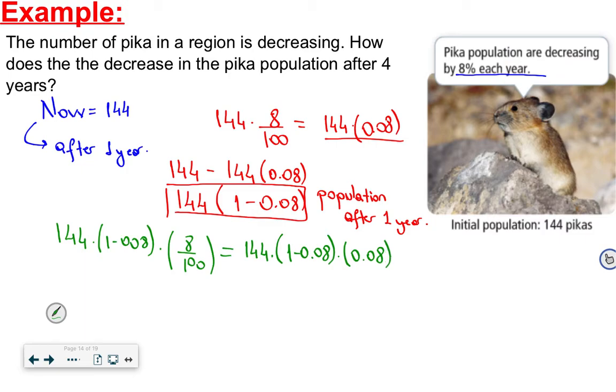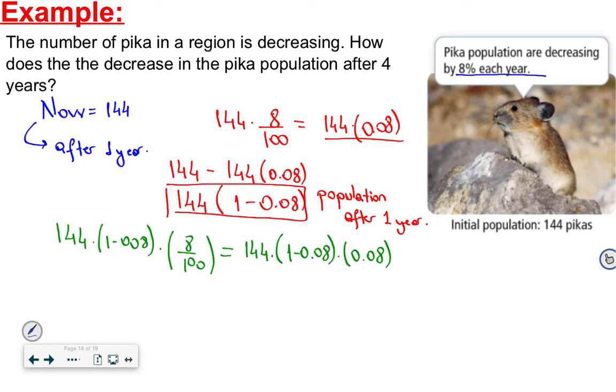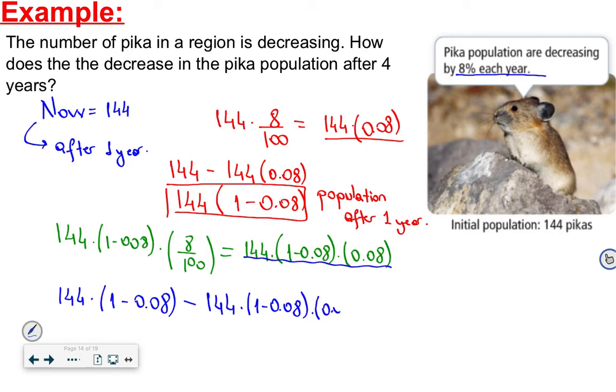If we subtract this from the previous population, which means that 144 times 1 minus 0.08 is the total population after 1 year, we subtract how many pikas are going to decrease, which is 144 times 1 minus 0.08 times 0.08.